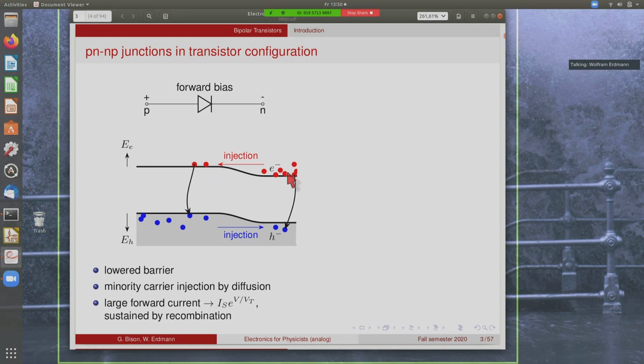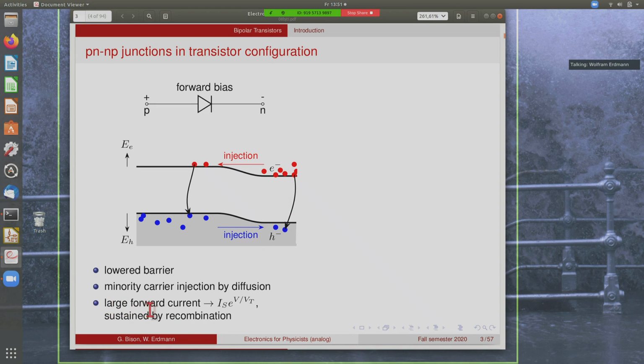So electrons from the N region are injected across the reduced barrier height into the P region, and holes from the P region are injected across the reduced barrier into the base. So this is called minority carrier injection, because when they reach the base, they are minority carriers, or when the electrons reach the P region, they're minority carriers. Well, of course, here they are the majority carriers.